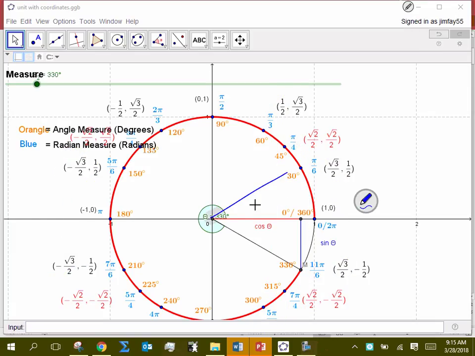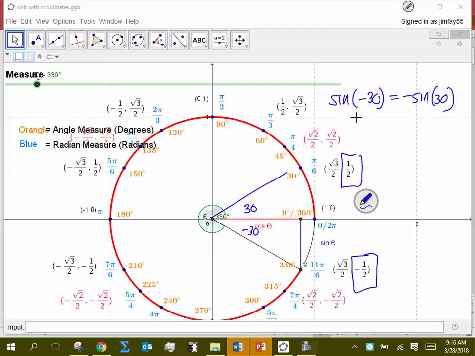If I'm looking at 30 degrees, and this is negative 30 degrees, how do I make those two things equal? I've got to multiply one of them by a negative, right? So sine of negative 30 is the same thing as the opposite of sine of 30. Sine of negative 30 is negative 1/2, sine of 30 is a half, but putting that negative in front is how we equate them.